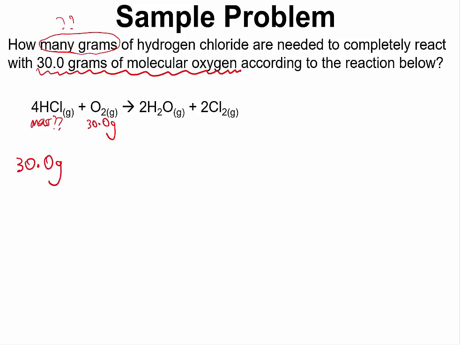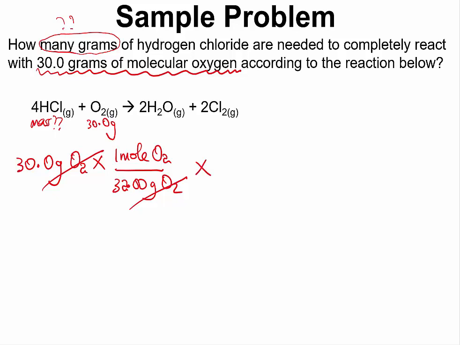Now, if we have 30.0 grams of molecular oxygen, we first need to change it to moles. And we know that 1 mole of molecular oxygen will have a mass of 32.00 grams. Grams will cancel out. And then we can relate what we want to what we know.